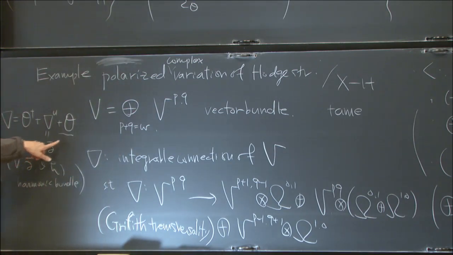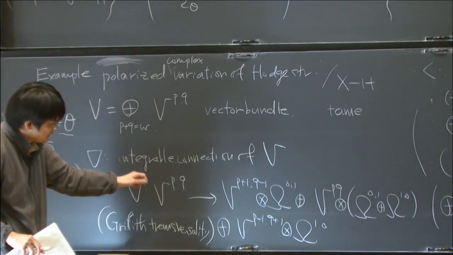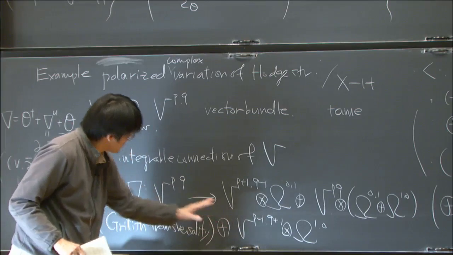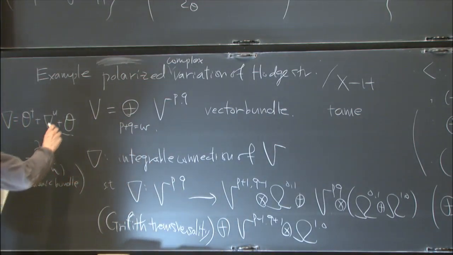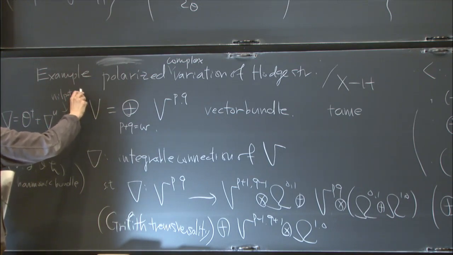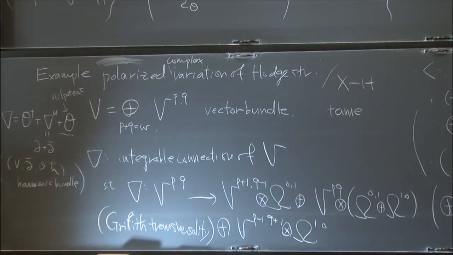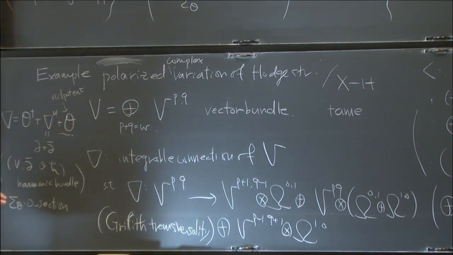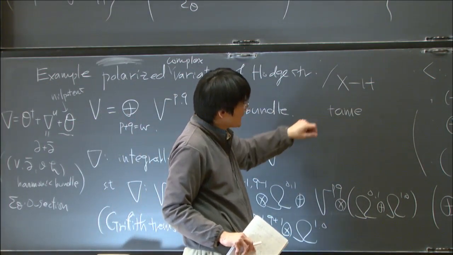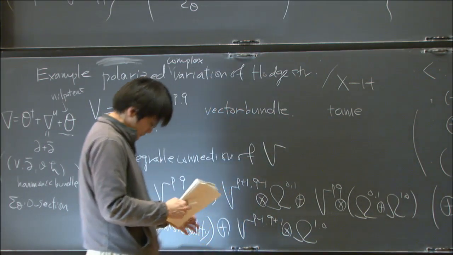And in this case θ is nilpotent, because it gives a shifting of degrees. Which means the spectral variety is just the zero section. So if a polarized variation structure is given on X minus D, then it is always tame.